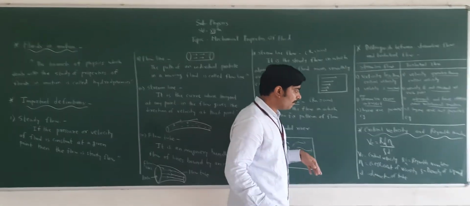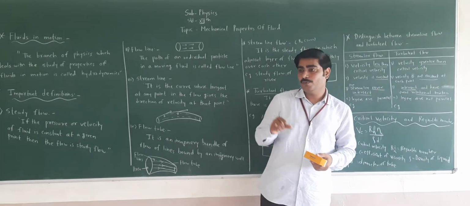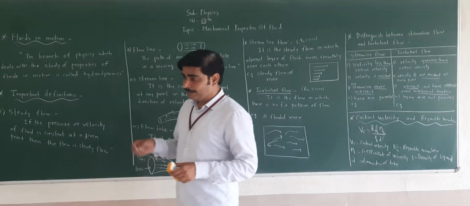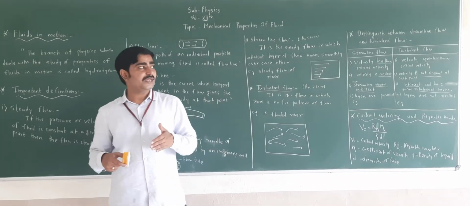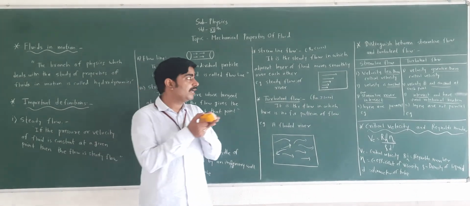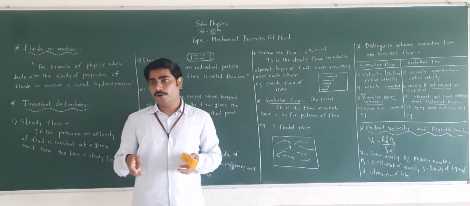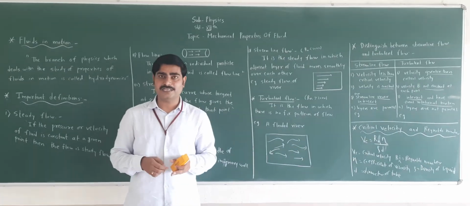Next point from this topic is the critical velocity and Reynolds number. So what is the meaning of the critical velocity? The critical velocity is that velocity which indicates the conversion of streamline flow into turbulent flow. For example, suppose a liquid has a critical velocity of 10 meter per second.